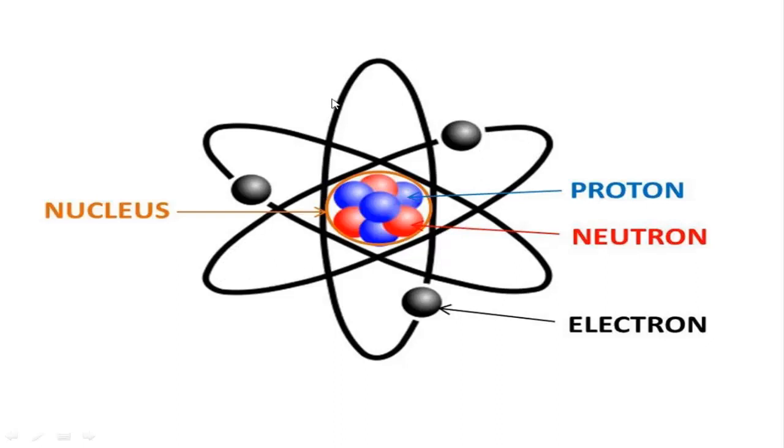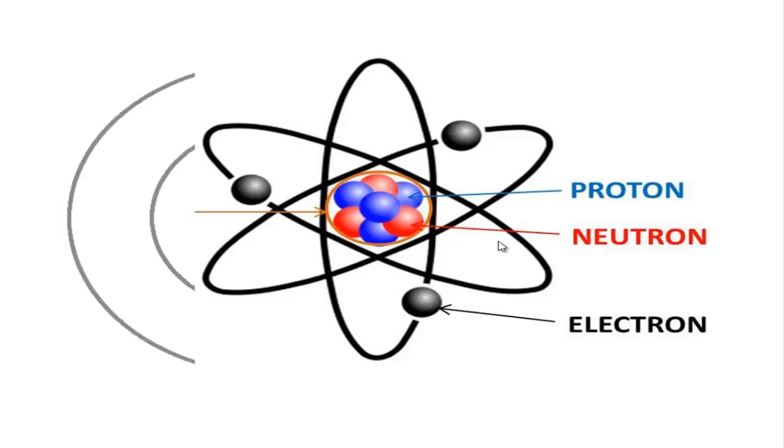Follow here, this round indication is the path of the electron through which it is moving. This is the actual structure of the atom, but drawing this is somewhat difficult. So when we want to draw an atomic structure, we can draw it simply like this.